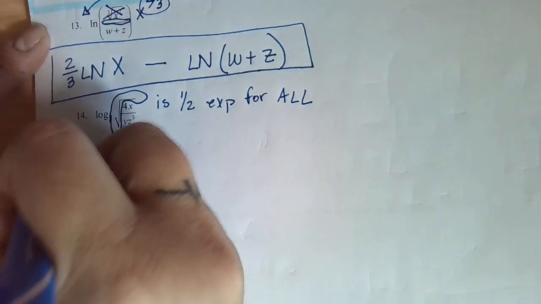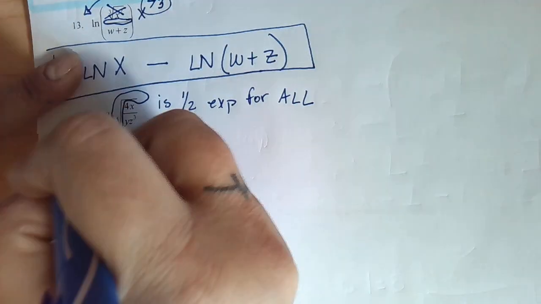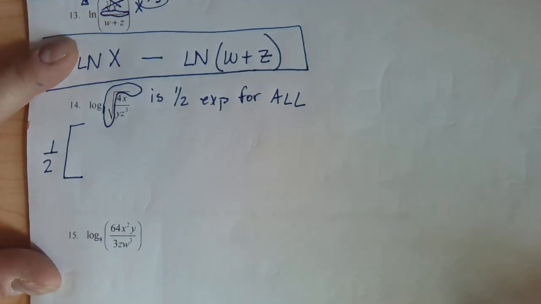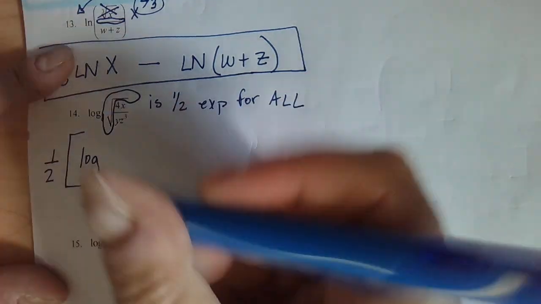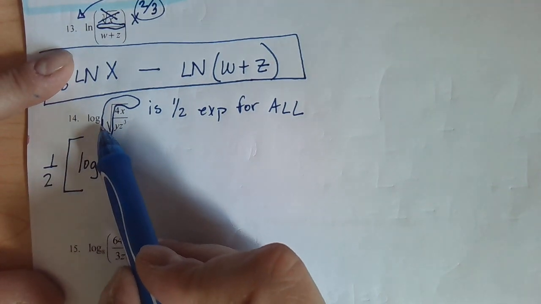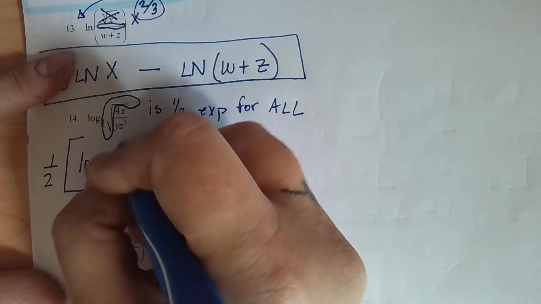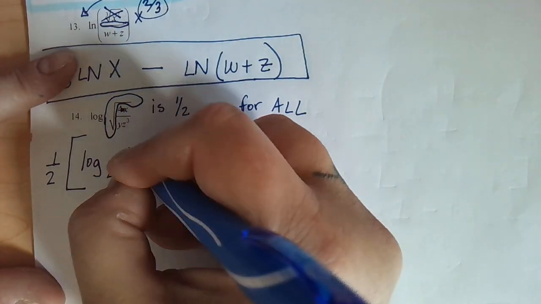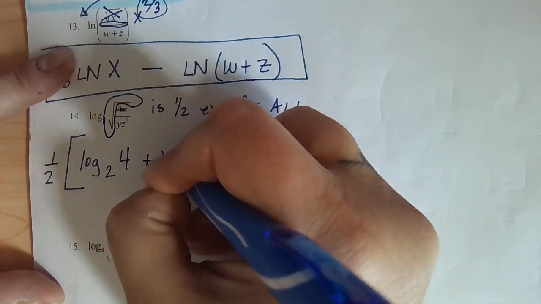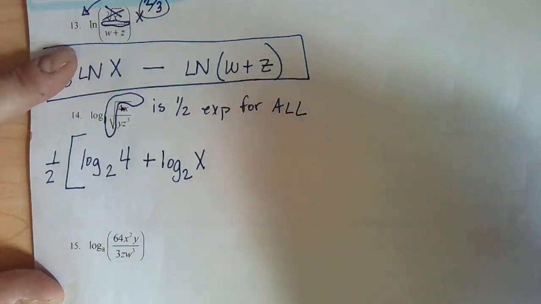So we're going to say 1/2, then big old bracket or parentheses. And then let's start talking about everything else inside. We're going to have log, what's that baby number? I think that's a 2. Log 2, big fat 4. And then this 4 and this x are multiplying, so that goes to a plus, log 2x.